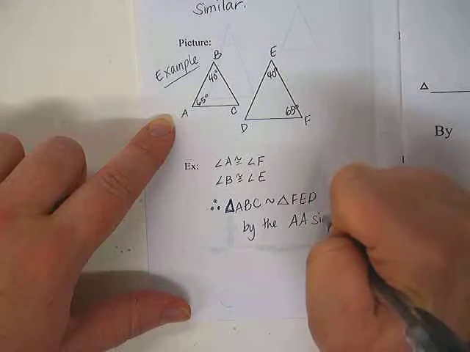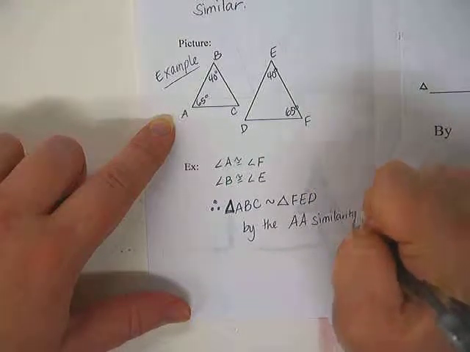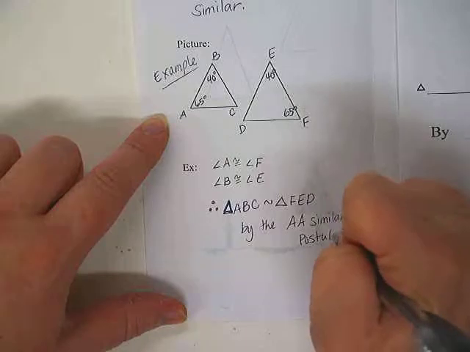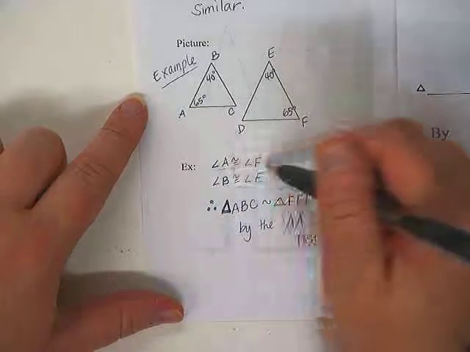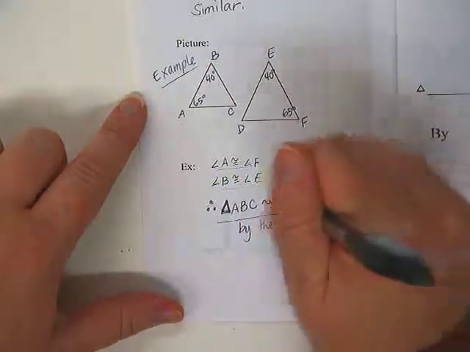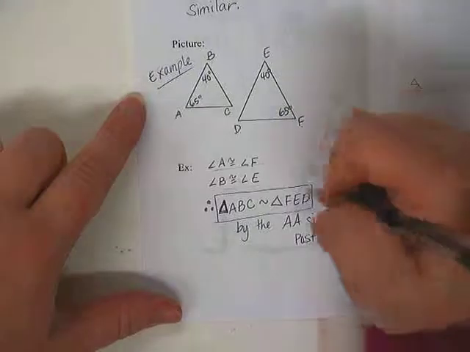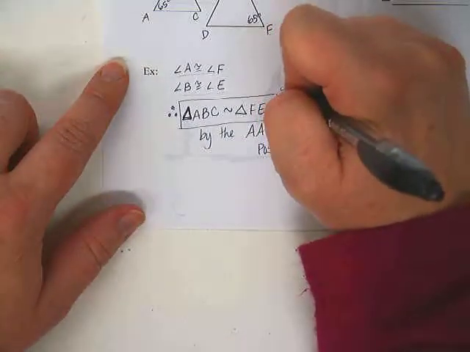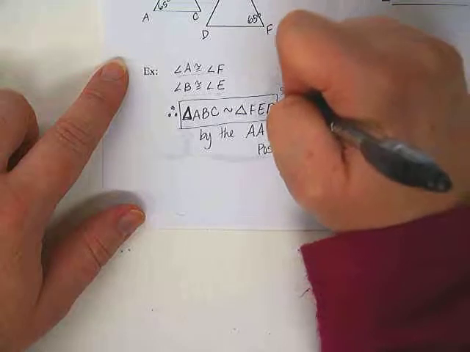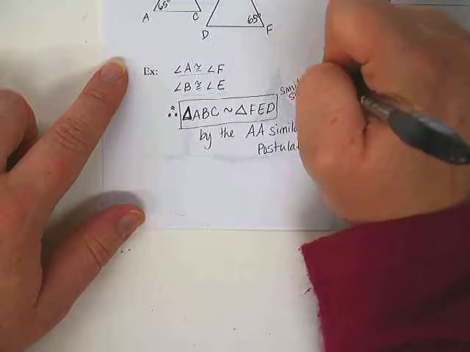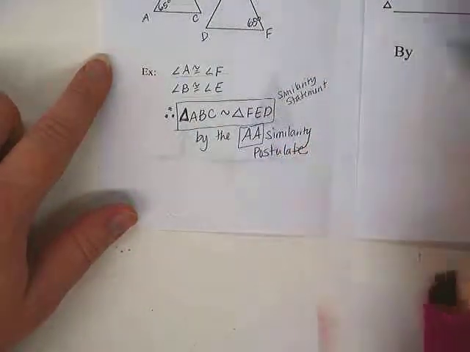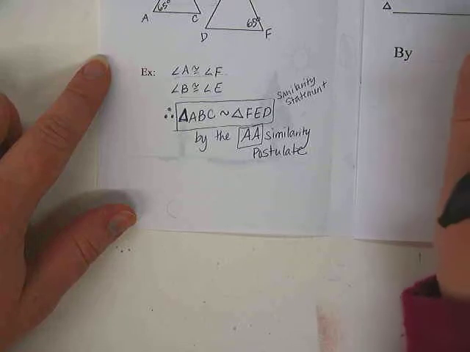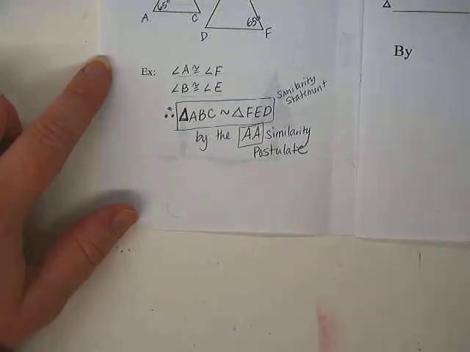So triangle ABC is similar to triangle FED by the angle similarity postulate. Okay, that's kind of a lot to write. Most of the time, you do want to say you've got your angles that are equal. You have to have your similarity statement. That's what that part is called. And then you need to write angle, even if you don't write all the other little words that I've put in there. Okay?